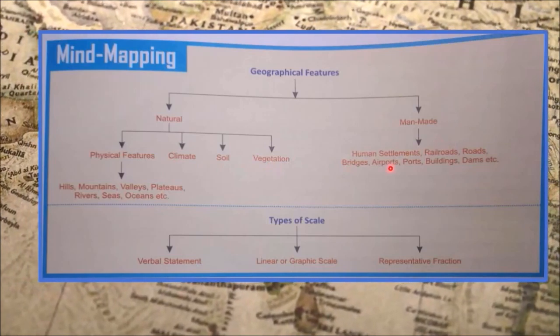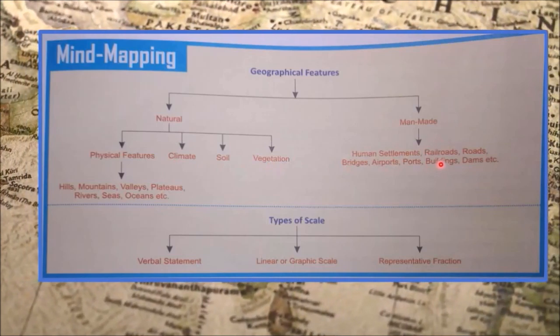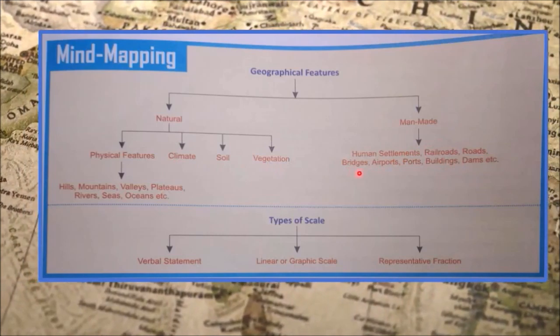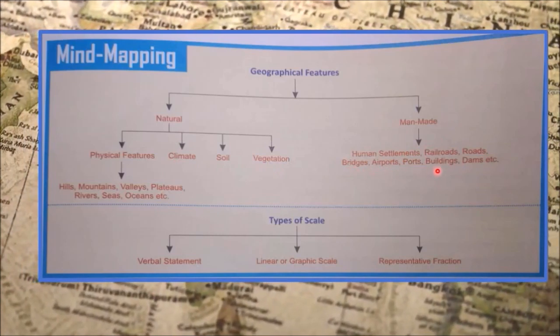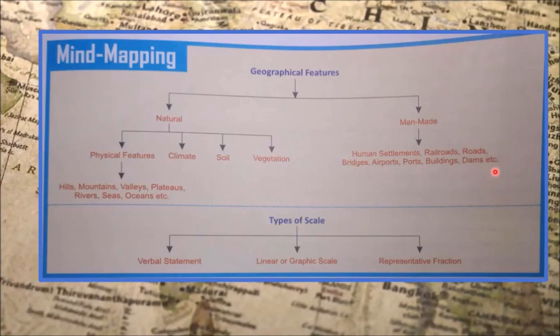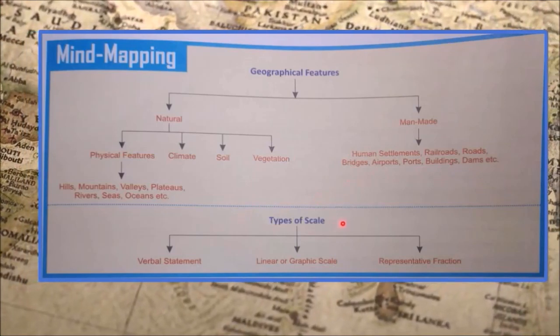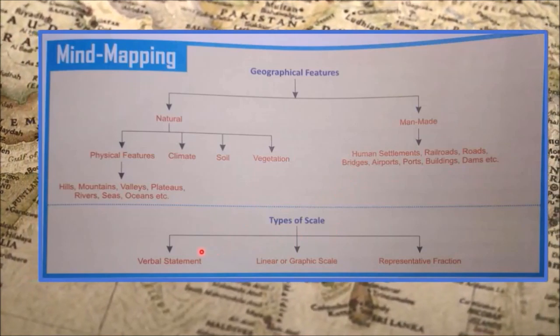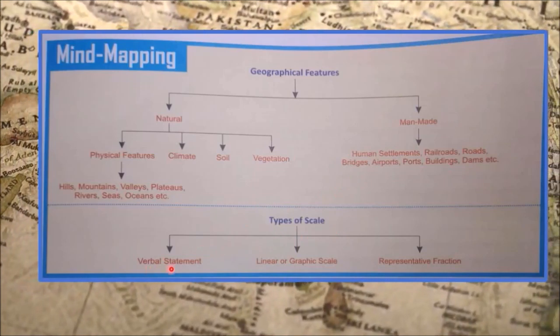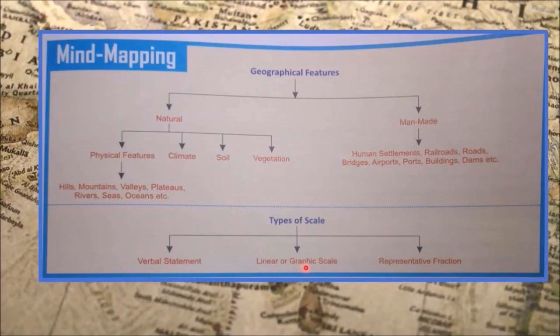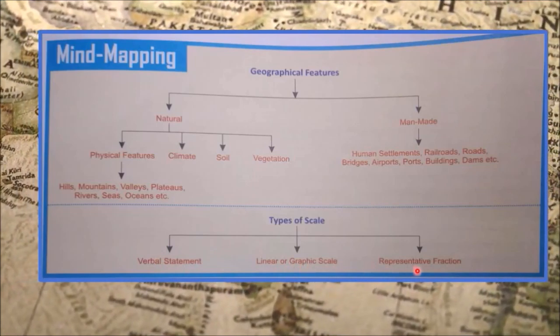Man-made features are human settlements, railroads, roads, bridges, airports, ports, buildings, dams, etc. Next, the types of scale. There are three types of scale. They are verbal statement, linear or graphic scale, representative fraction.